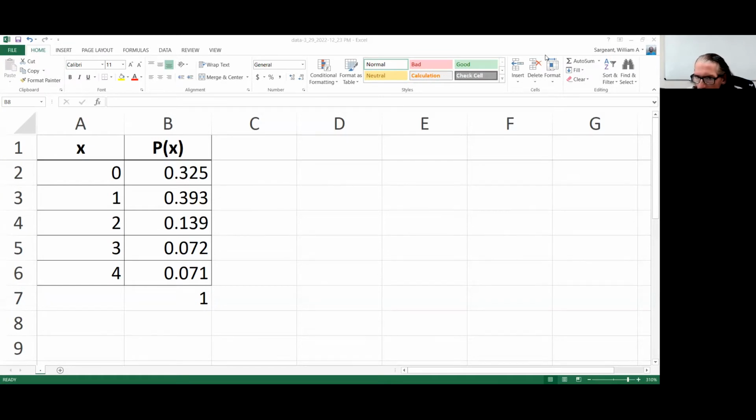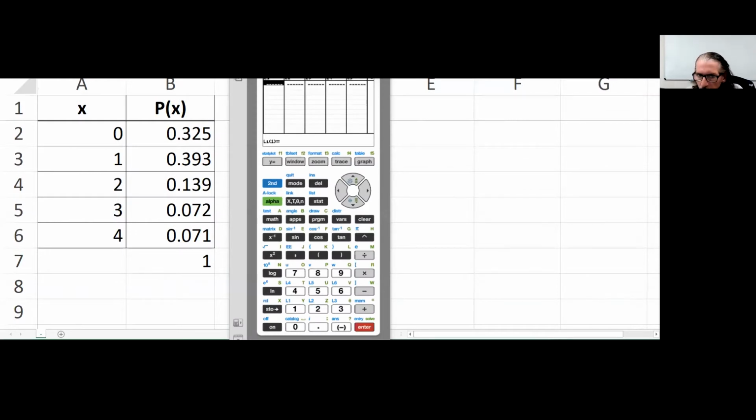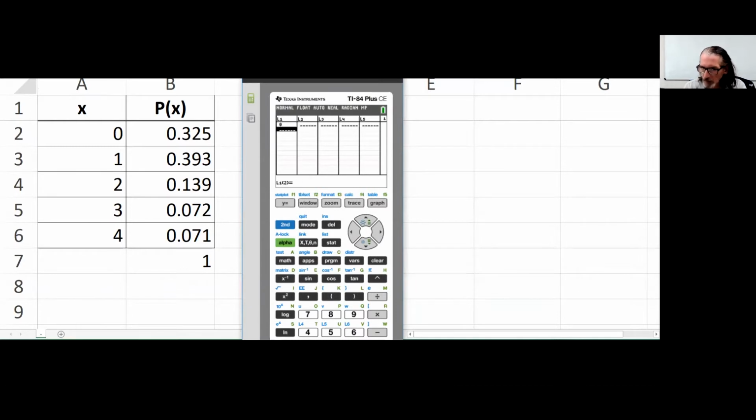All right, here we go. I want you to see both of them side by side. So if I put in the values, kind of predicting what might be coming up in later parts of the question here, 1, 2, 3, 4.